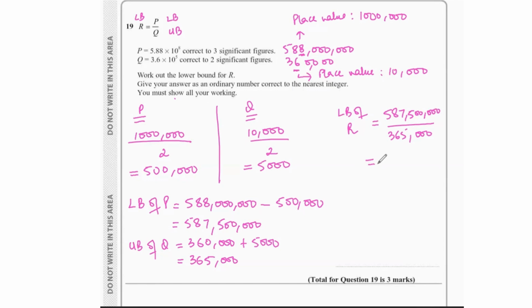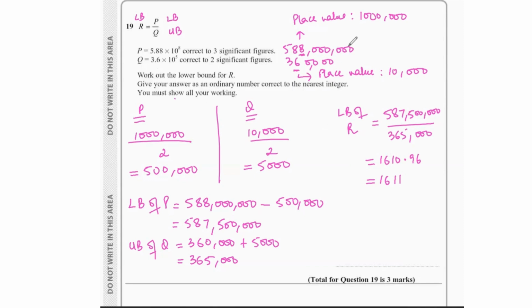So this will give us the value of 1610.96, which can be rounded to 1611. This is the answer as an ordinary number correct to the nearest integer.